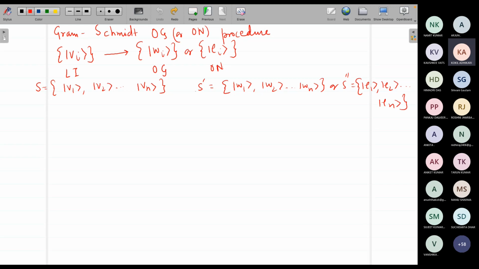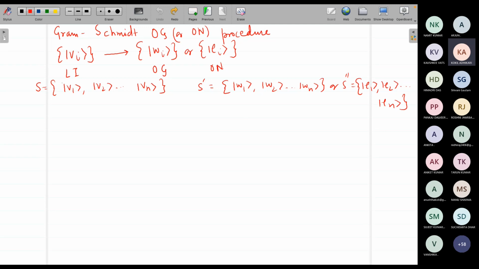And how are we going to do it? We said let's say we have a basis of n vectors in an n-dimensional vector space, which is shown by S. Then I define S prime and S double prime, the bases which we would like to make, which will be the orthogonal or orthonormal basis.